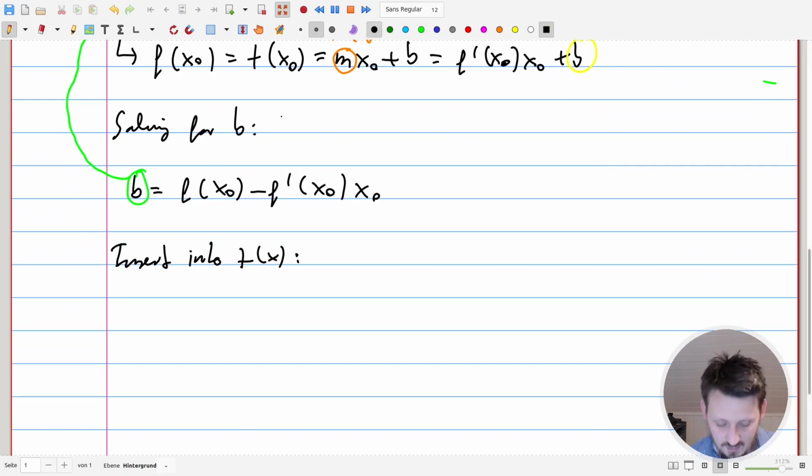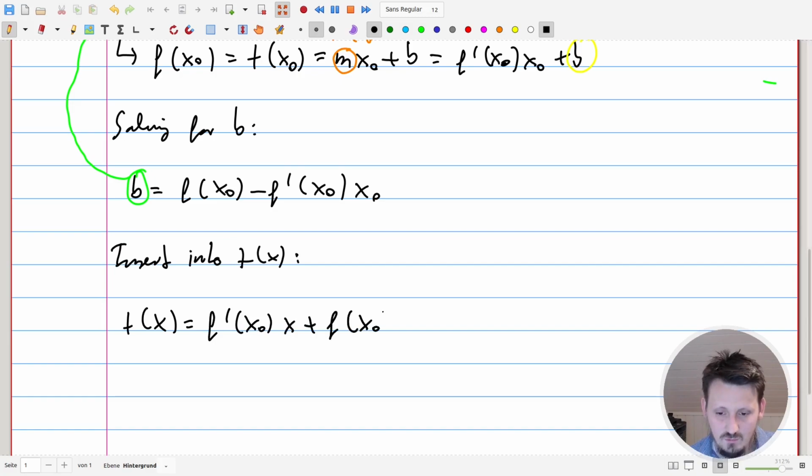When we do that, then we get at the end for our t of x: f prime of x0 times x plus f of x0 minus f prime of x0 times x0. Maybe I can delete that because it looks a little bit ugly. There should be a minus sign.